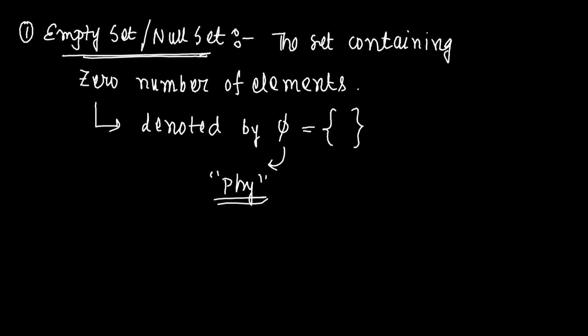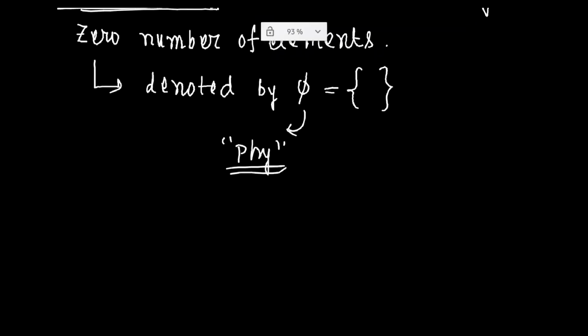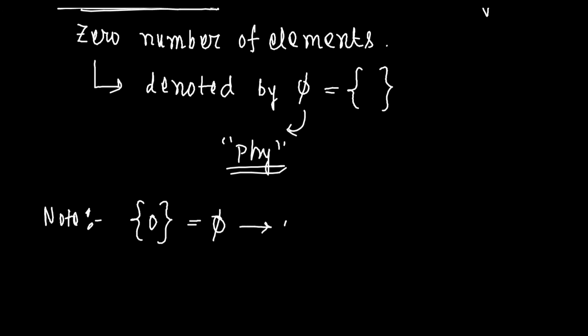Here you have to note one thing, that many students do this wrong. When they see the element 0 inside the set brackets, they call it phi. But this is wrong.